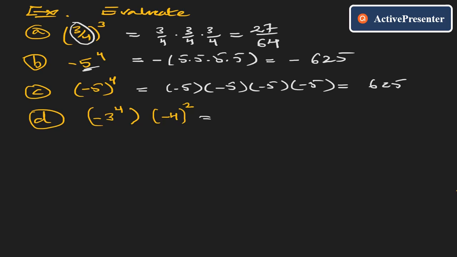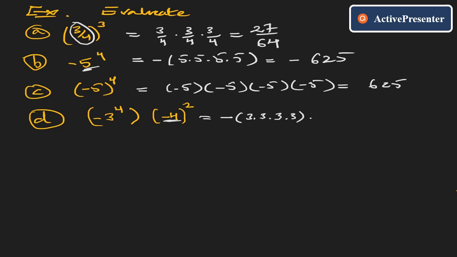For the first expression here, or exponential, -3 minus multiplied in the base 3 to the power 4. So this is equal to minus multiplied into 3 to the base 4 should be 3 repeated 4 times. Okay, multiplied in what? -4.